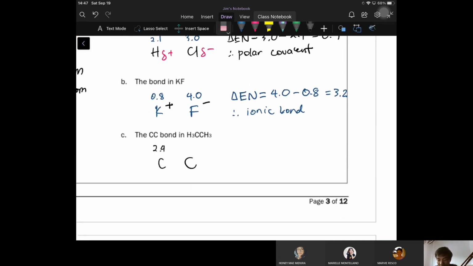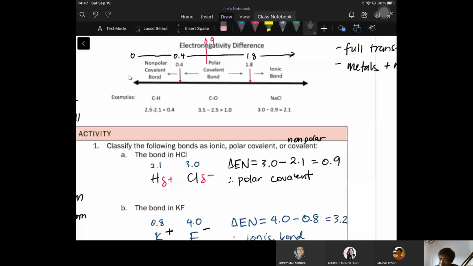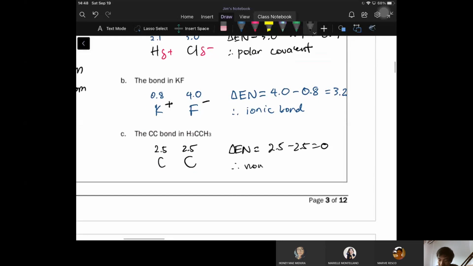Kala ko kabisado ko na. It's 2.5. So, kunin mo yung difference. That's 2.5 minus 2.5 equals 0. So, asan yung 0 dito sa number line? Non-polar covalent. So, we can say the bond is non-polar covalent. So, wala tayong partial charges.